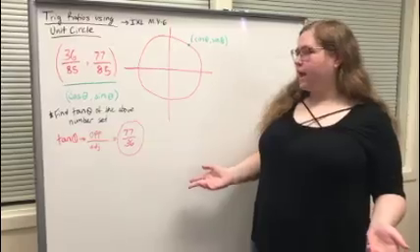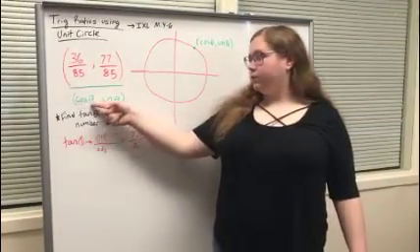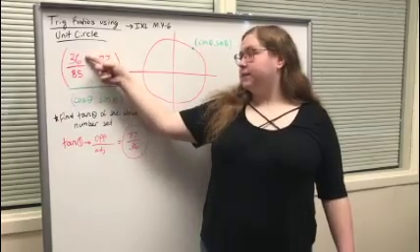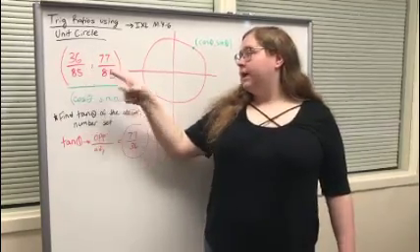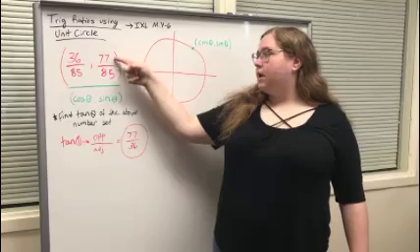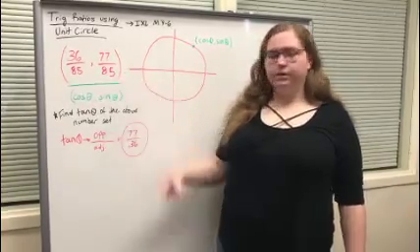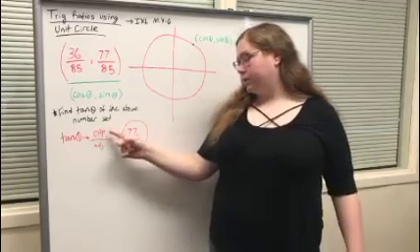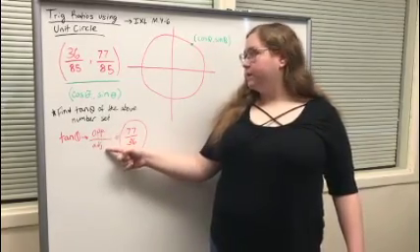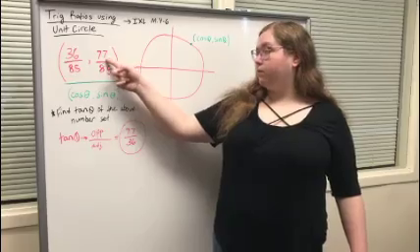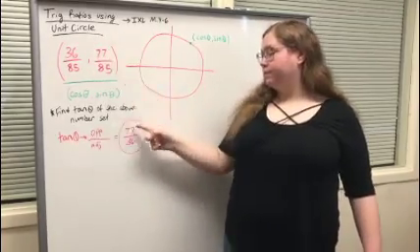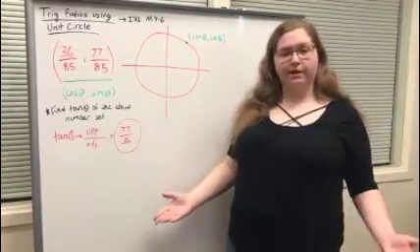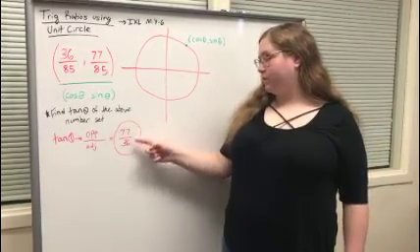So now we can apply these values to these numbers. We know that cosine is adjacent over hypotenuse, and that sine is opposite over hypotenuse. So we apply those numbers to tan theta, which is opposite over adjacent, and we have our opposite and our adjacent. So our final answer is 77 over 36.